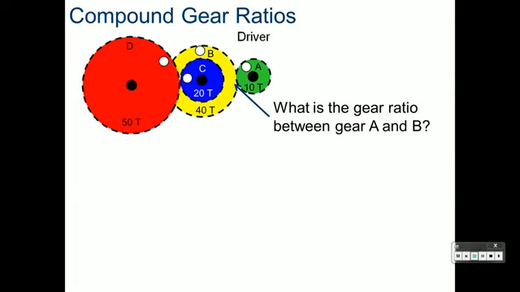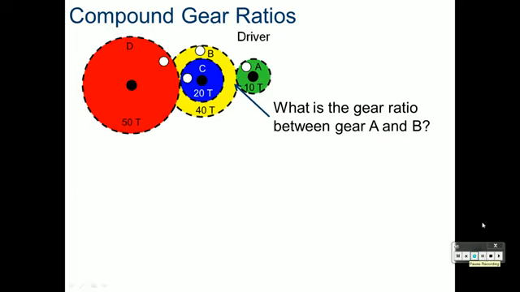So if we look at actual compound gear ratios, in the case of all of our different gears here, if I want to know the gear ratio between gear A and B, gear A would be my driver gear, as I said on the previous slide. Gear B would be my driven gear.